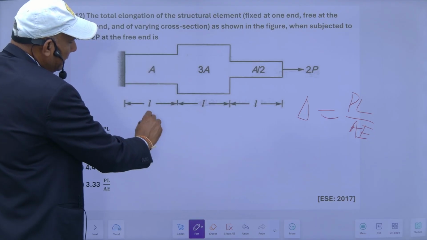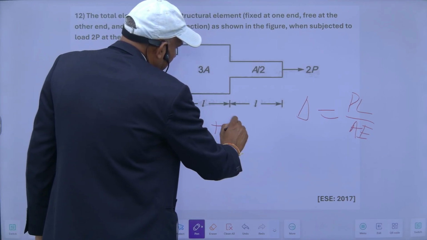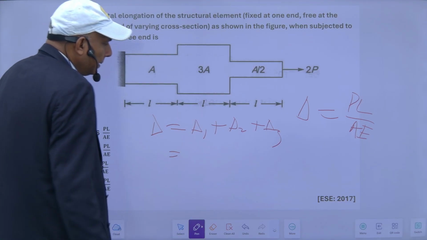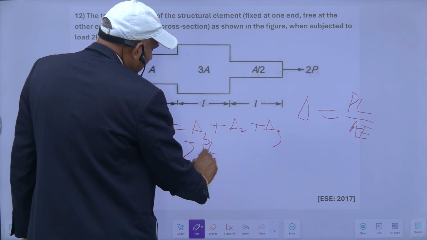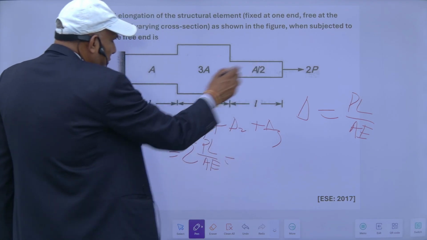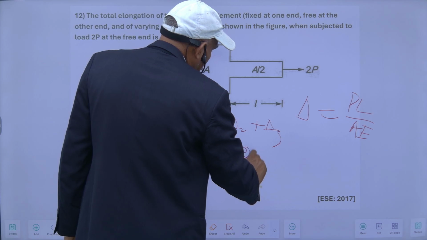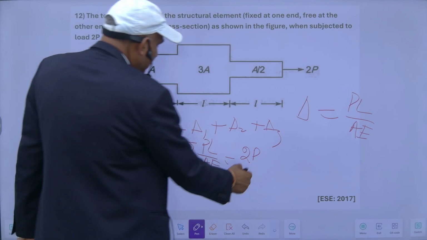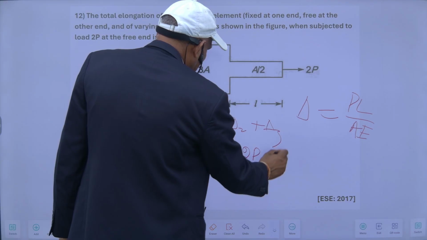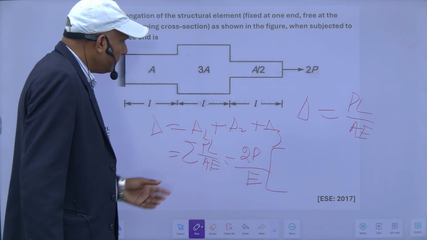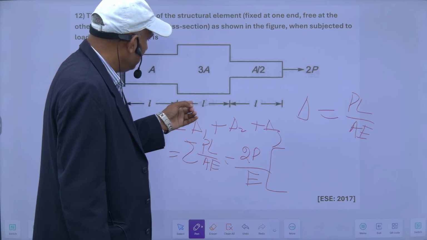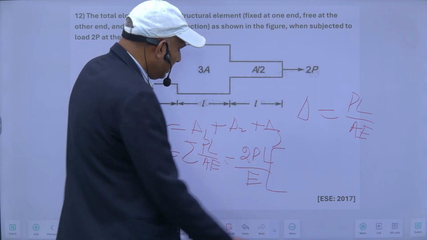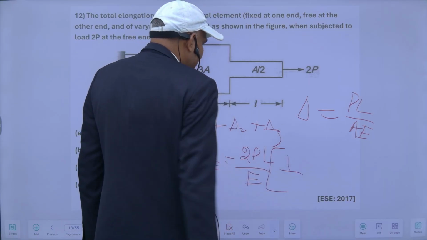In this case, delta will be equal to delta 1 plus delta 2 plus delta 3, and this will be the sum of PL upon AE. Since P is common, you can say 2P, and Young's modulus of elasticity is also common, and length is also common. You can take it out, so it will be 1 upon A1 plus 1 upon A2 plus 1 upon A3.